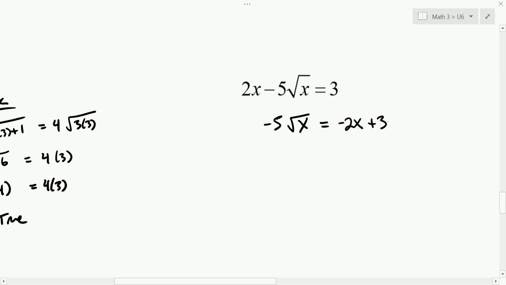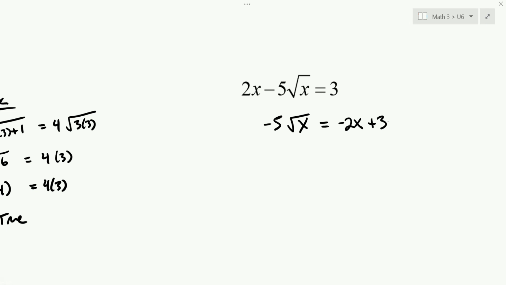Okay. So we're trying to get rid of that radical. That's our focus. We're going to have to square both sides. We're getting it to a place where it's easier to square both sides, because it's pretty ugly if we square both sides before we subtract that 2x. Now, if I divide by 5, I create fractions that I can't reduce. So probably leave the 5 there.